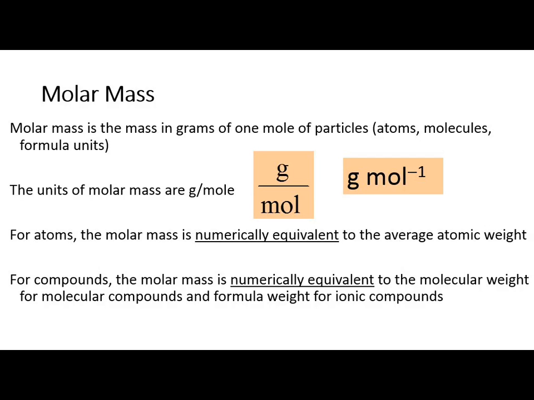We said that was 18.02 AMUs. That's how much a water molecule weighs. Well, that's also its molar mass. 18.02 grams gives you 1 mole. So those decimal numbers for the elements and those masses for the compounds are also the molar mass.